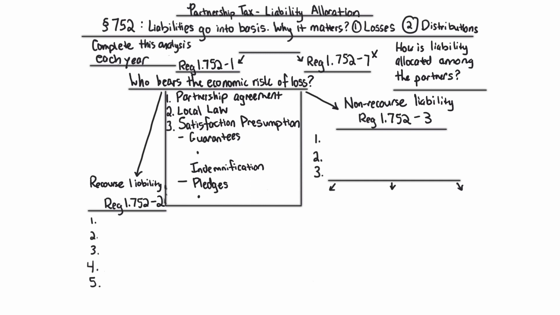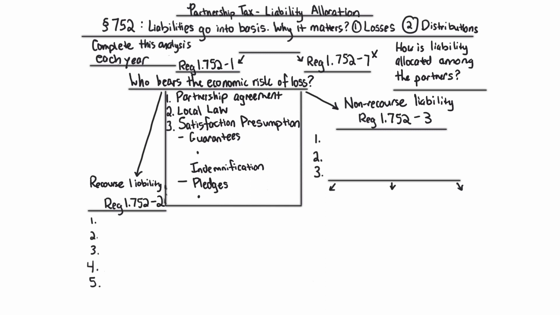It happens all the time in practice, where a partnership takes on a liability, whether it's recourse or non-recourse by title, hold that aside, but maybe a specific partner is going to guarantee a loan. So that way, if the partnership goes belly up and can't pay it off, the partner has guaranteed it, so it's like a second level, it will go to that partner.